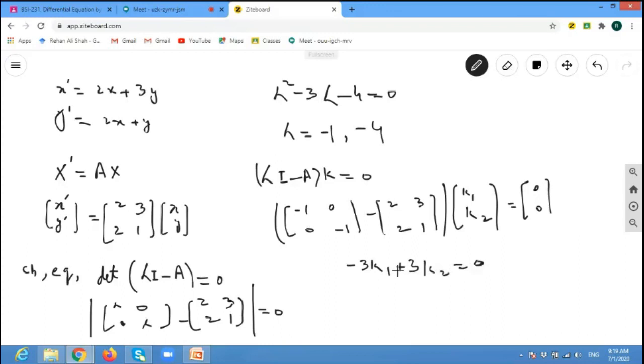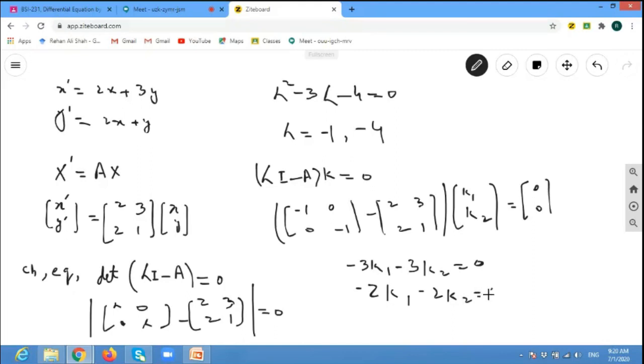Yes, here there is a minus. Now the second equation is 0 minus 2, that is minus 2k1, and minus 1 is minus 2k2. This is again equal to 0.